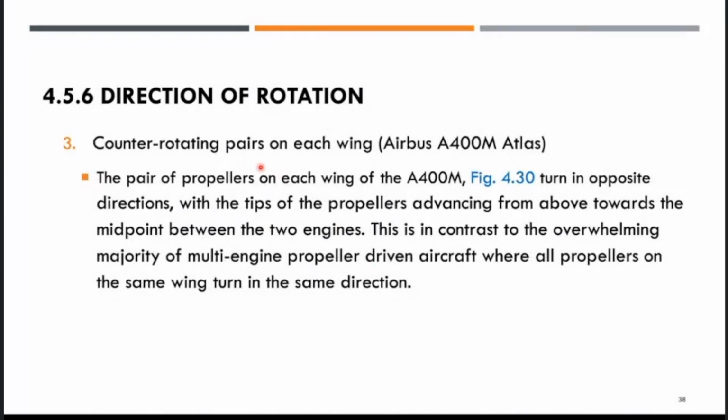Counter-rotating pairs on each wing. So a good example is Airbus A400M Atlas, the military cargo aircraft by Airbus. The pair of propellers on each wing of the A400M, being shown in the next figure, turn in opposite direction with the tips of the propellers advancing from above towards the midpoint between the two engines.